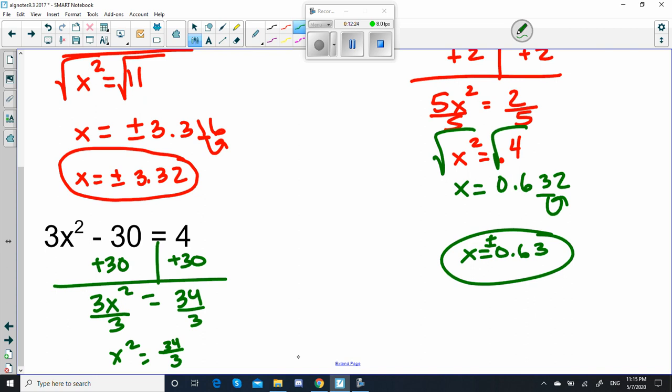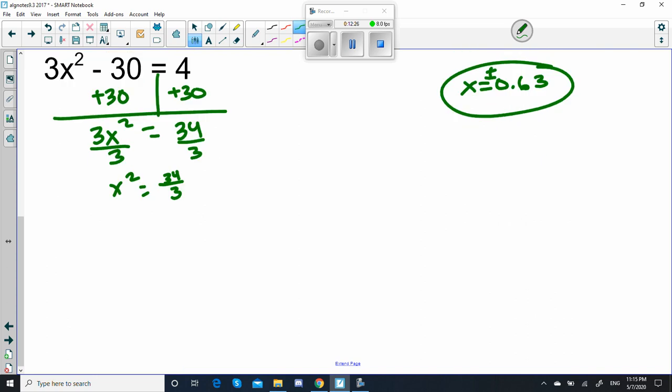So now I'm ready, because x squared is isolated, to take the square root here and here. So second, x squared, 34 divided by 3. Enter. It gives me x equals plus or minus 3.366. So I'm rounding here.